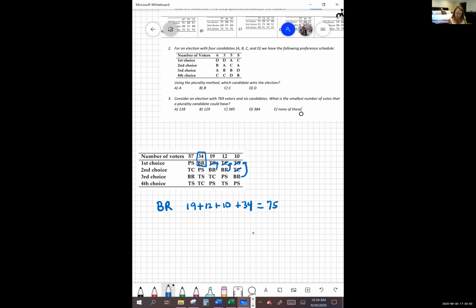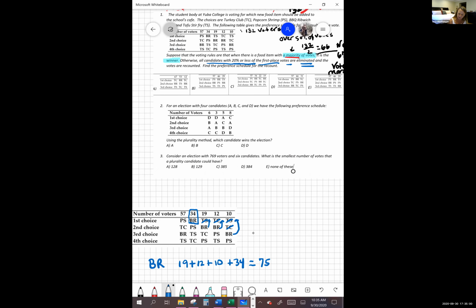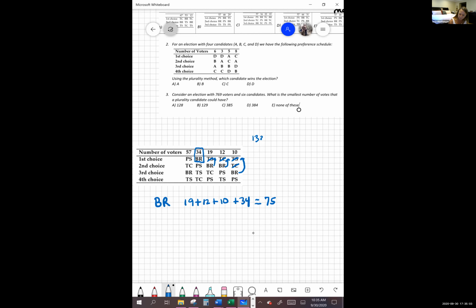So at the 34 plus the 19 plus the 12 plus the 10, 75. How many voters did we have? That's why I was wrong. We had 132 voters. So if we did 132 minus 75, we should get what's left, which are the people that did popcorn shrimp.